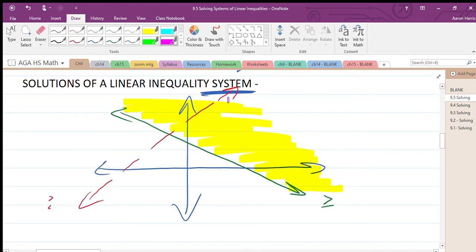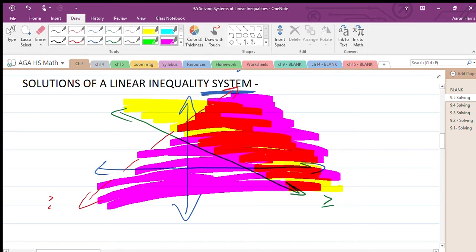Now, I am going to shade all of this. Okay? So what was it? Yep, it was below the line. So I know that this was a less than equation.